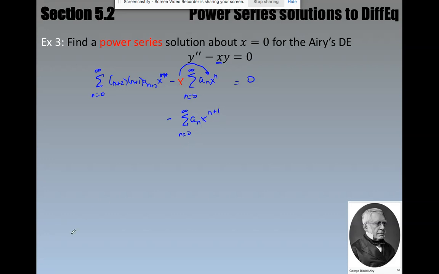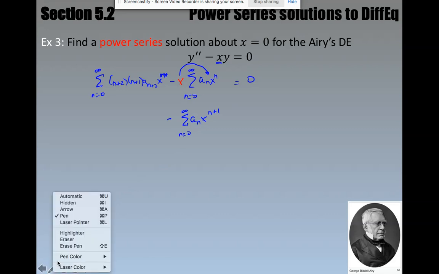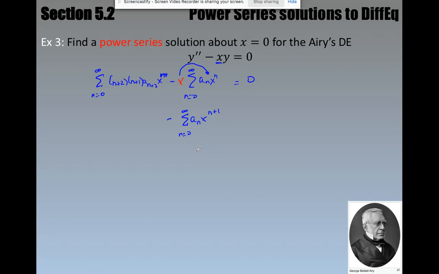To get it to x to the n, I need to subtract 1. And if you subtracted 1 on the inside, what do you have to do to the outside? That's right, add 1.